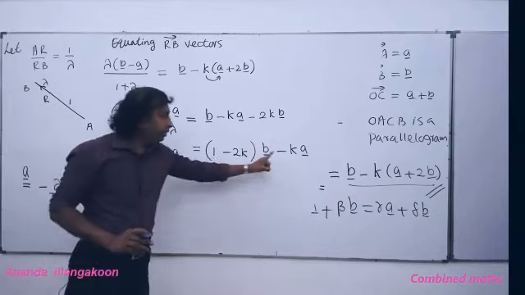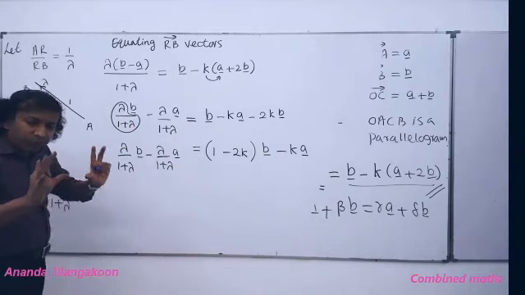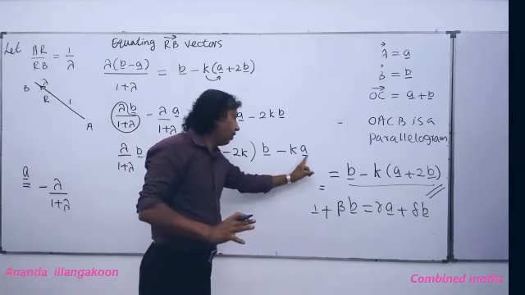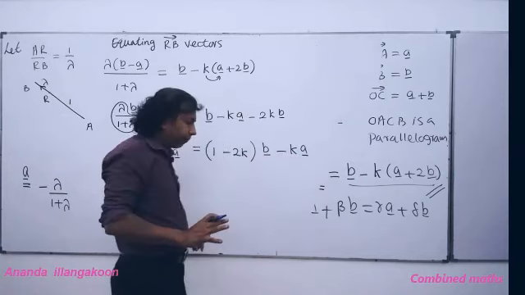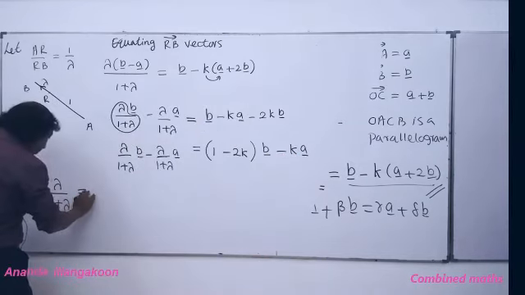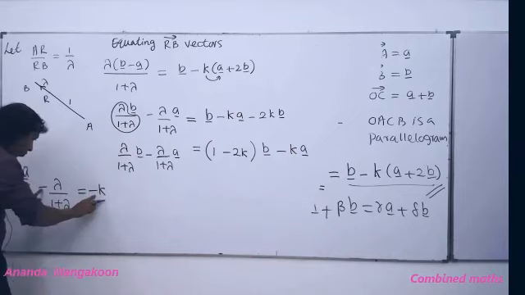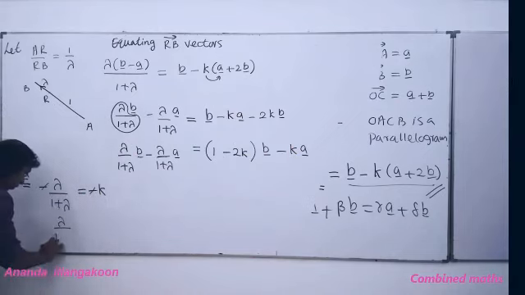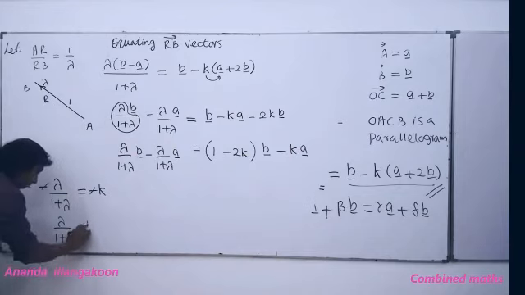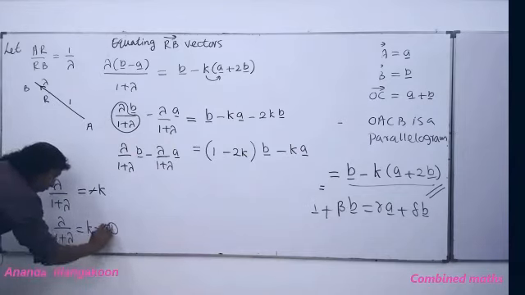Right hand side it is minus ka, therefore the coefficient is minus k. Except the simple a letter, the rest is minus k. Even these minus signs you can cancel. Lambda upon 1 plus lambda is equal to k. Let us take this as number 1.